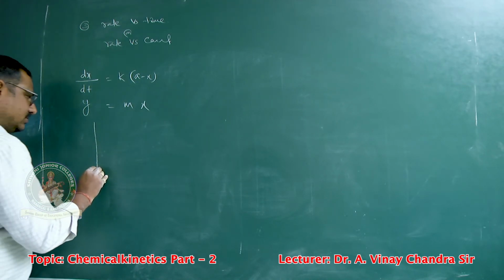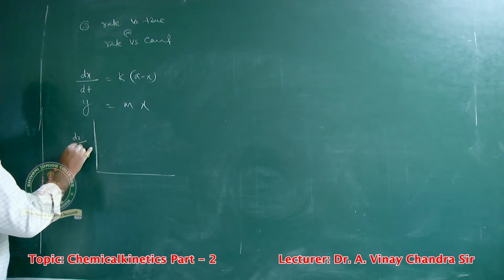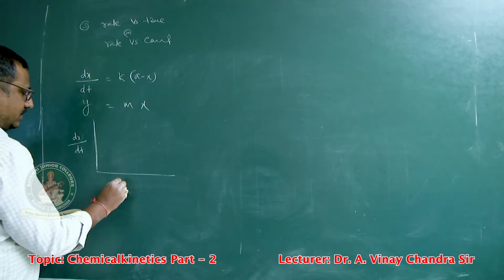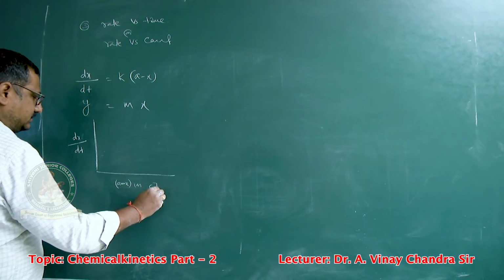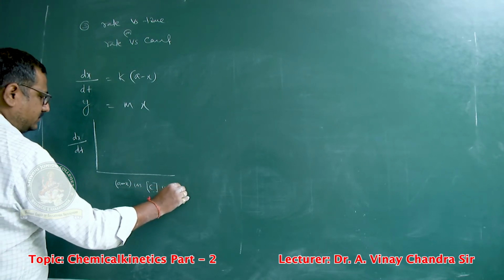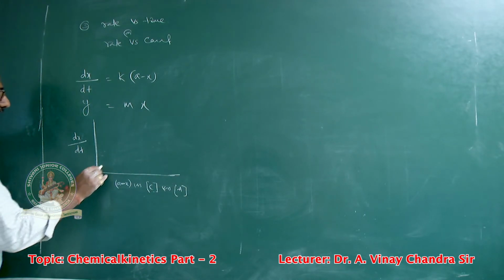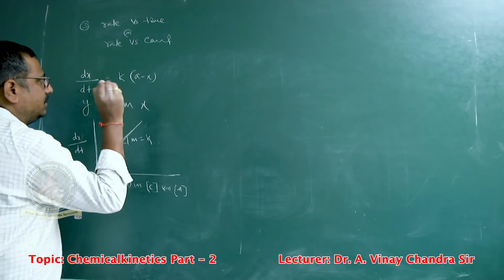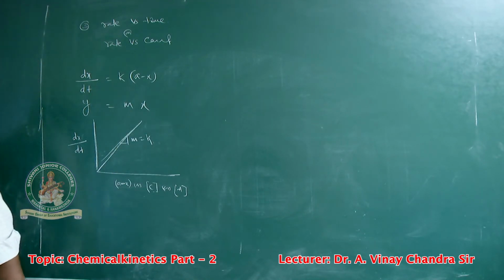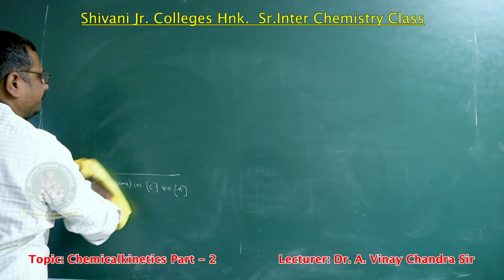According to this, for rate dx by dt, the concentration we represent is either A minus x, or C, or A. The plot goes through the origin, and the slope m is equal to k. So this is the third type of graph representation, rate of reaction versus concentration.